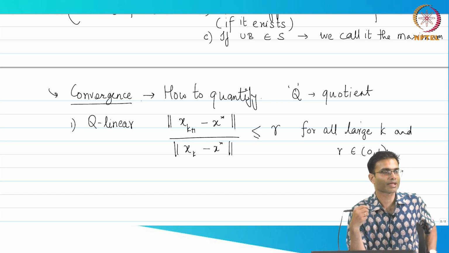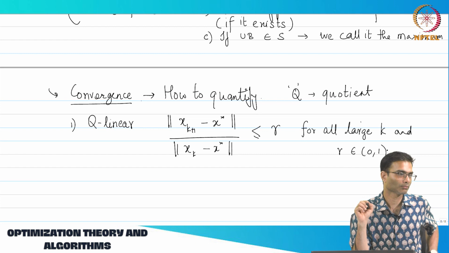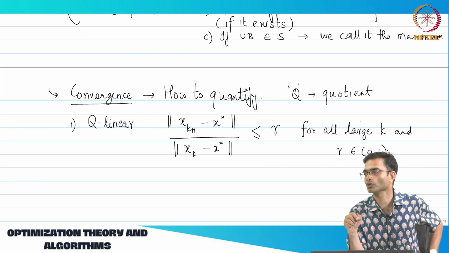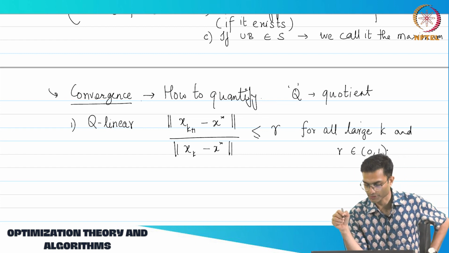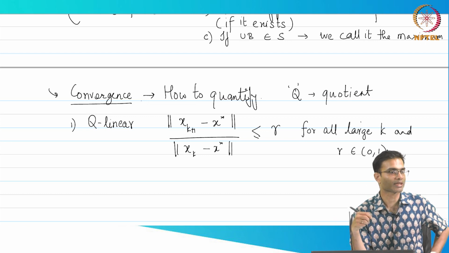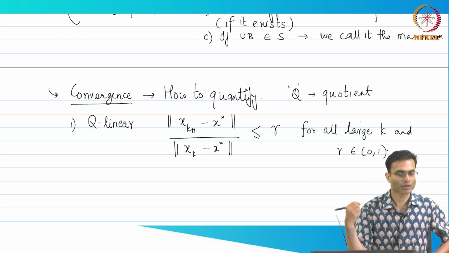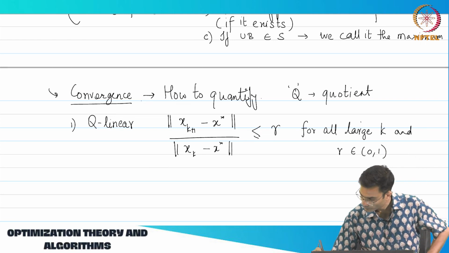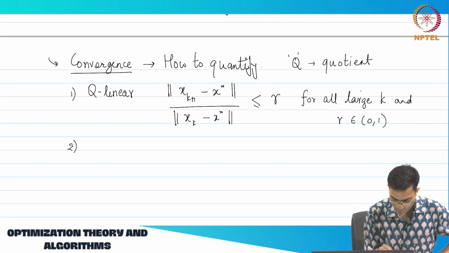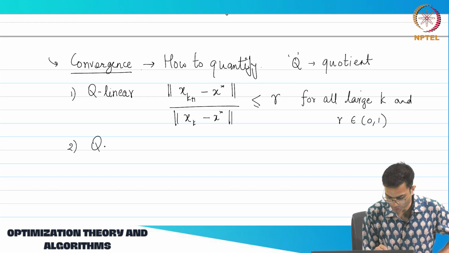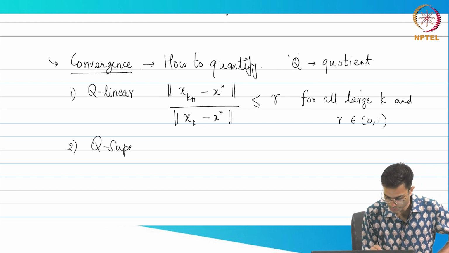So this ratio is some number less than 1, and obviously greater than 0 because all norms are positive quantities. If your sequence satisfies this, you will say that you have linear rate of convergence, or Q linear. The next is something called Q superlinear.